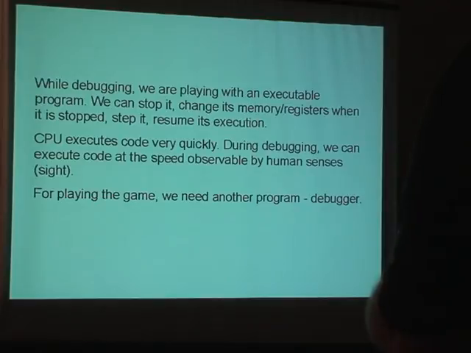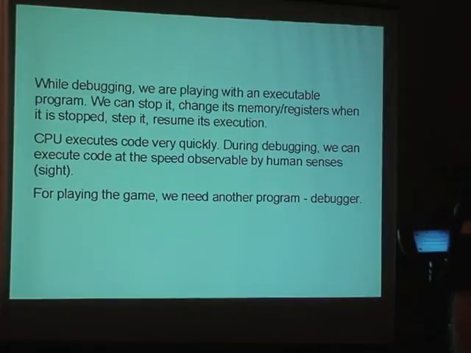While debugging, we can say that we are playing with an executable program. We can stop it, change its memory and registers. These changes we are allowed to do when the program is stopped. Then we can step it or resume its execution.